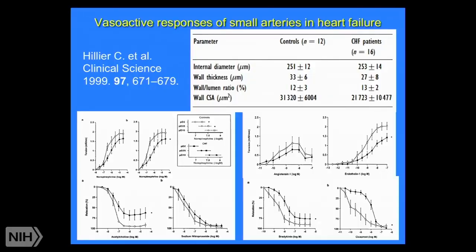I don't have a slide, but I heard yesterday somebody asking questions about syndrome X. Tony Hegarty did a study in subcutaneous vessels, small arteries from gluteal biopsies in syndrome X individuals.